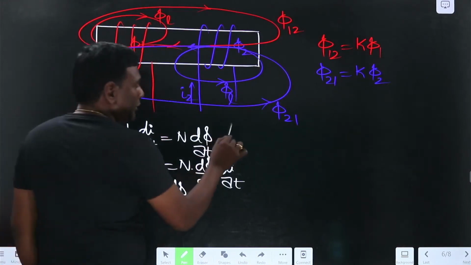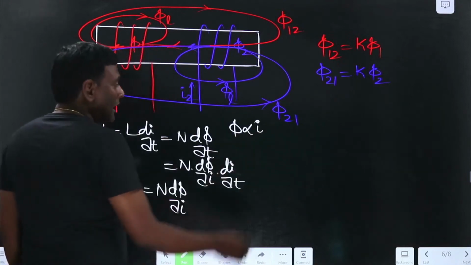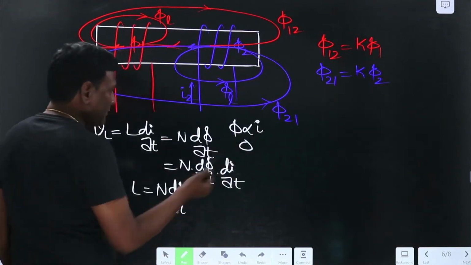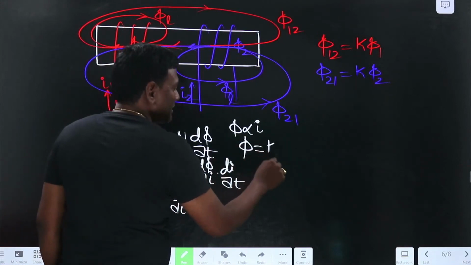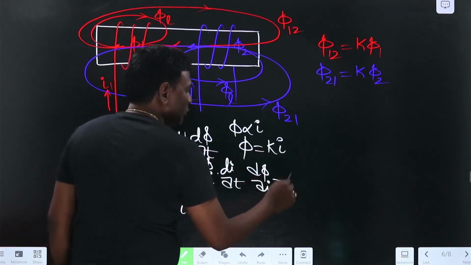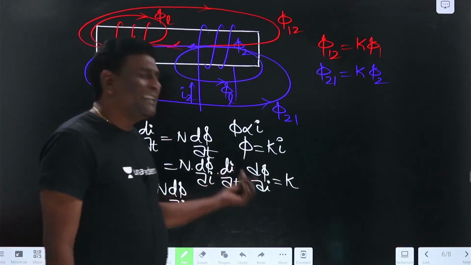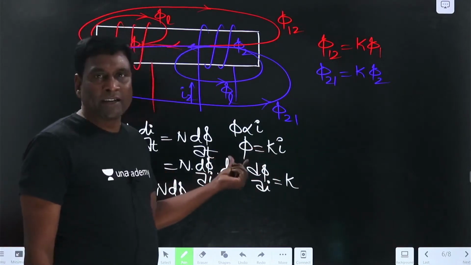Now we know from Ampere's law that phi is directly proportional to I. So phi equals some proportionality constant into I, or d phi by di equals k, or directly phi by I can also be used.